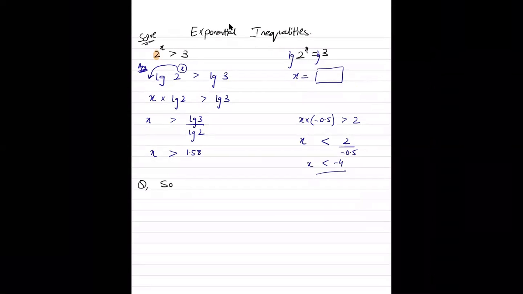Okay, so let's try this. Solve the inequality 0.6 raised to the power of x less than 0.7. We are going to have the same procedure. You are going to apply log on both sides. You can take log to the base 10 in this case.